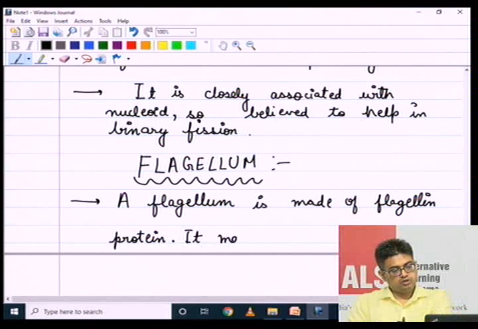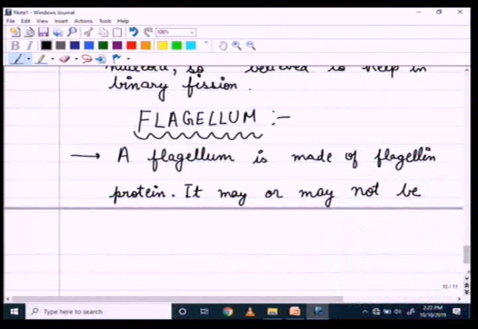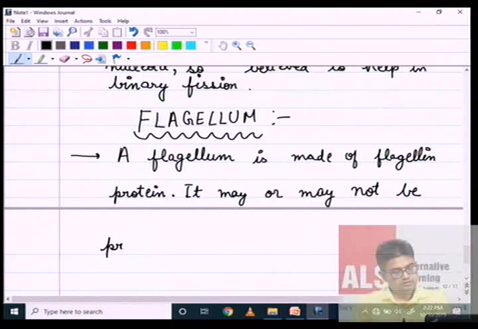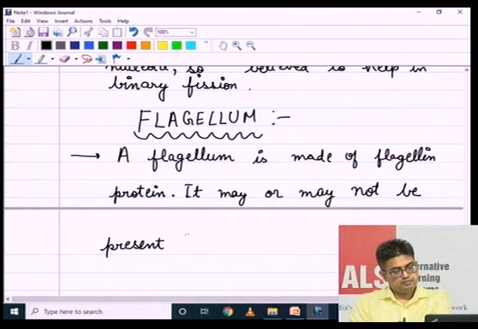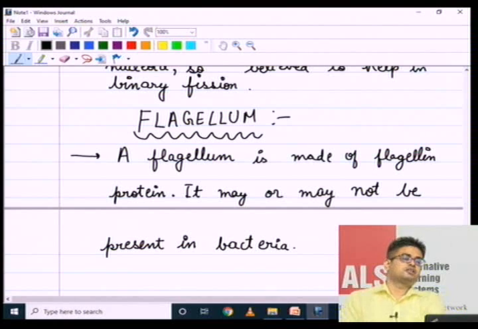It may or may not be present in bacteria. If it is present, then there is one.